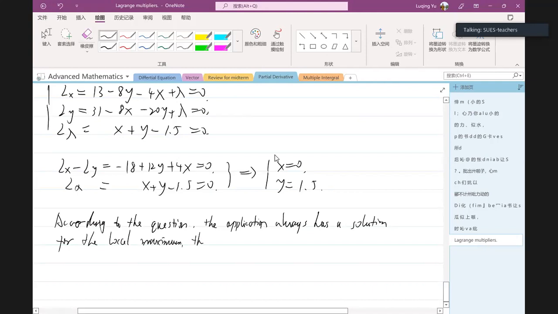So y equals 1.5 and x equals 0 is the solution.